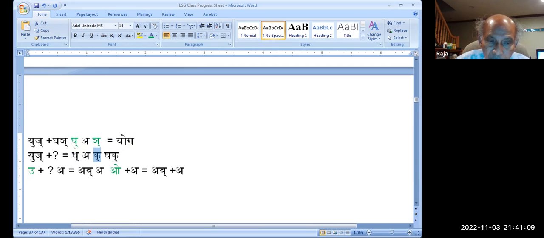But ga, after it's dropped, has its properties. The instruction says take the final chavarga into gavarga, kavarga. And this ka tells you it prevents guna or vruddhi of any vowels. So yuj stays yuj, and these are exceptions when you don't take guna. Always you take guna.